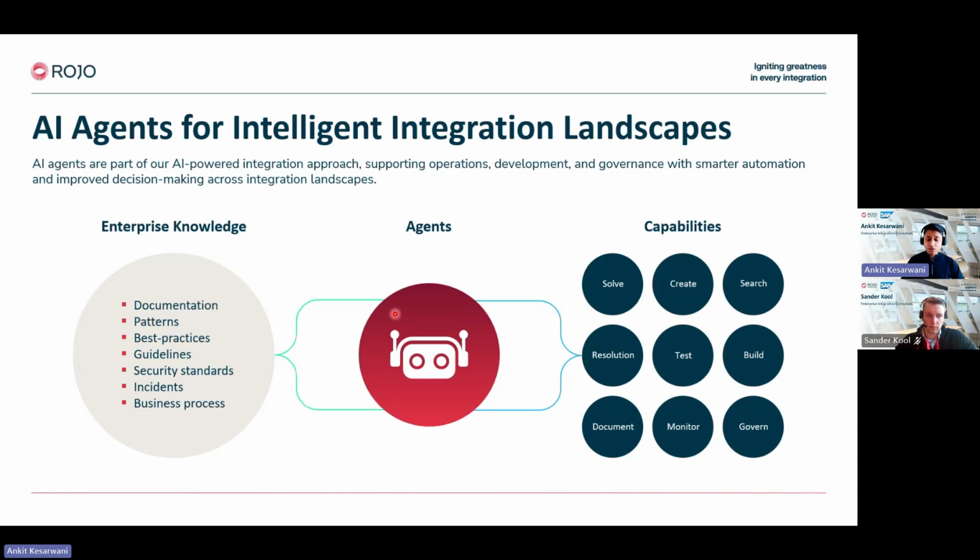But what we are doing with the customers is to take that as a base, and on top of it we are trying to further train the agent with the context which is specific to your enterprise. On that basis, we can help the developers in developing or generating the artifacts. We can help the operation team members in managing tickets and incidents in a much more efficient way.